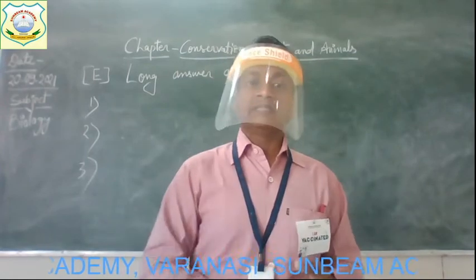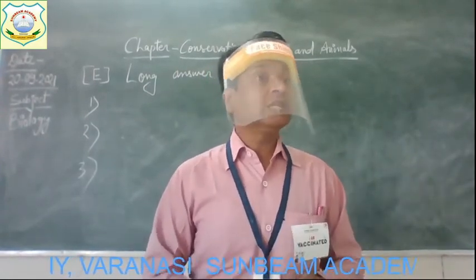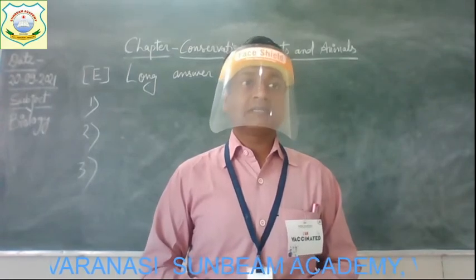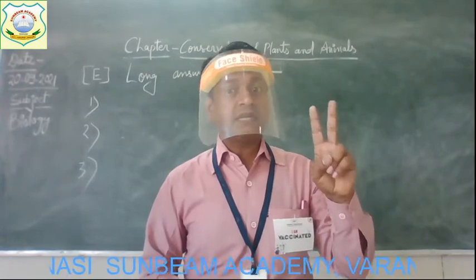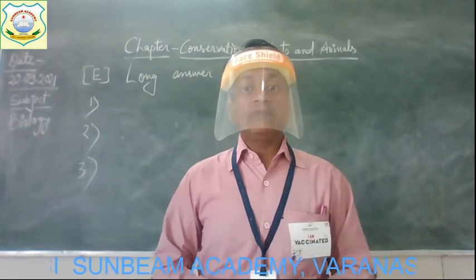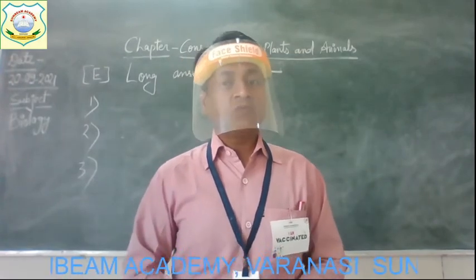Now the next way is biosphere reserves, wildlife sanctuaries and national parks. These are protected areas. By making such protected areas, we can effectively implement the methods of conserving forest and wildlife.